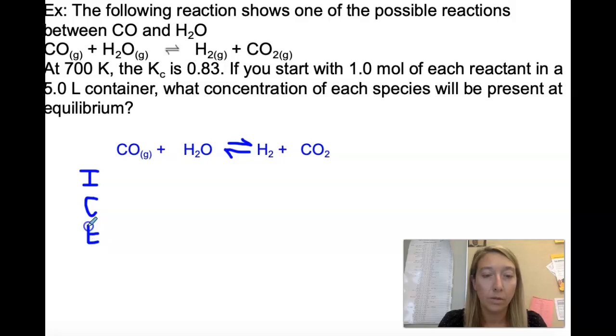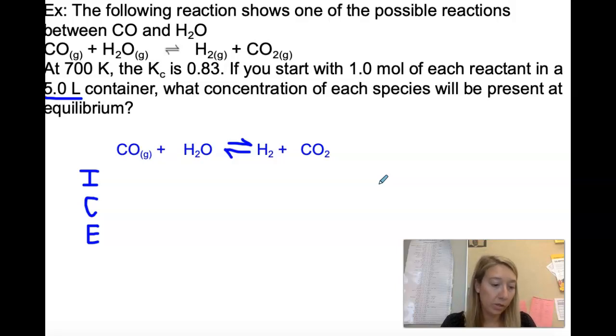All right, so this question's a little different. The reason it's a little different on a different note is because this is a 5-liter container. All the other ones we've looked at have all been 1 liter. This is a 5-liter. So I shouldn't ever assume that it's always a 1-liter container because it isn't always going to be a 1-liter container. So we were told 1 mole of each reactant in a 5-liter container.